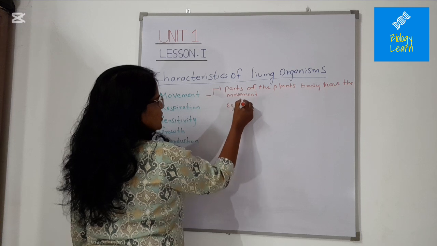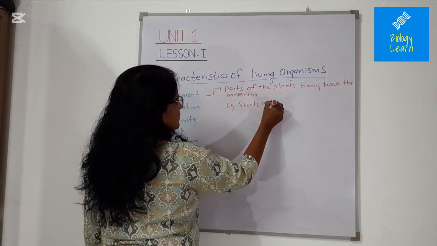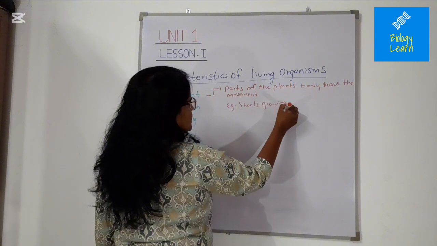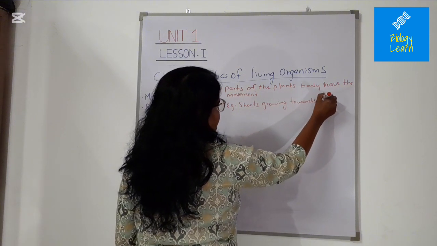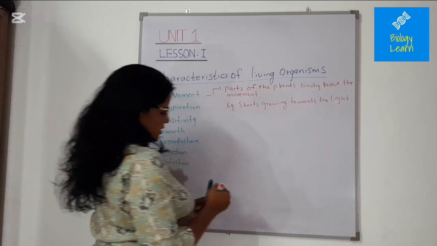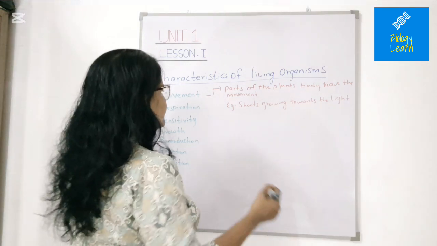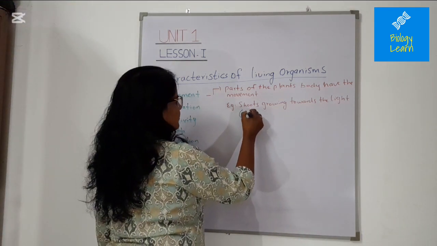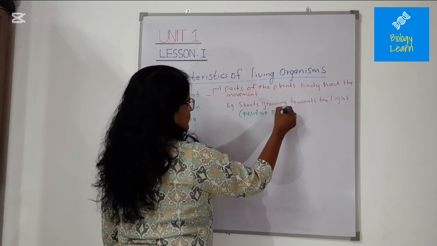Example, shoots growing towards the light. This is also known as positive phototropism.